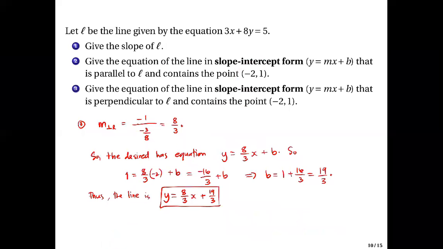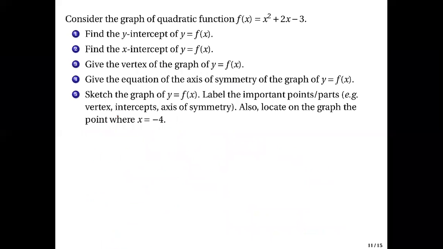So let us now go to our next problem here. We consider the graph of the quadratic function f of x equals x squared plus 2x minus 3. Then we have this series of problems here.